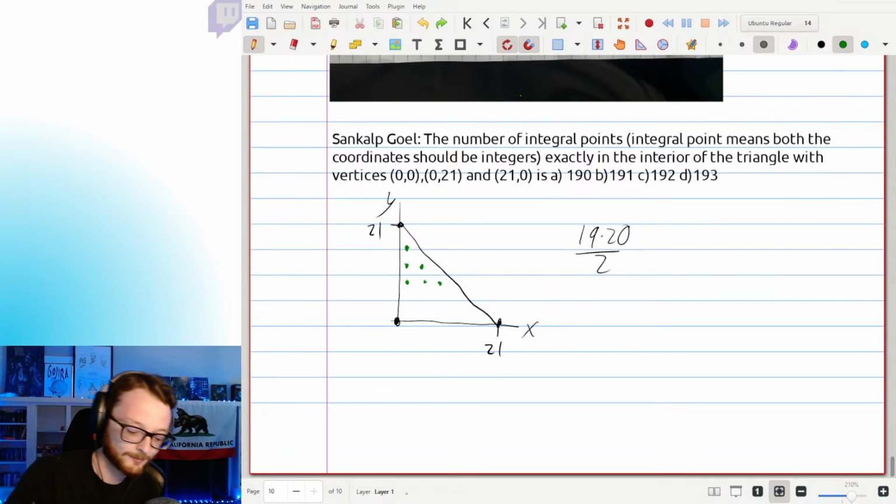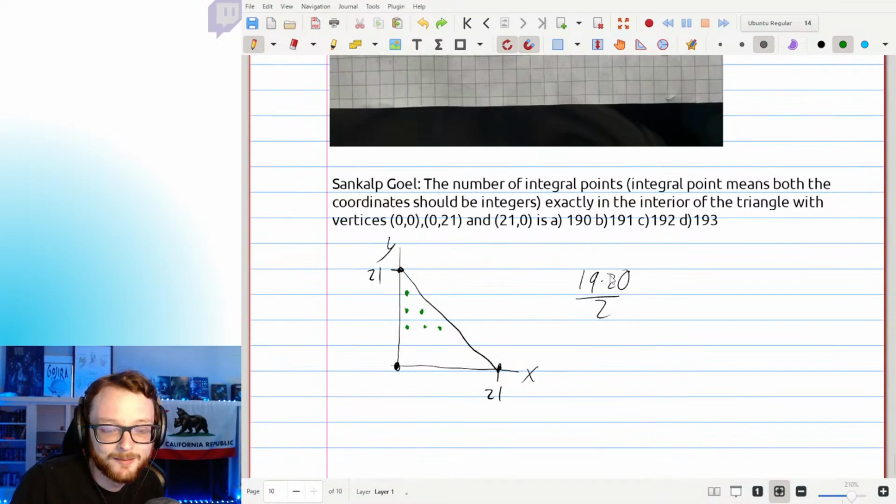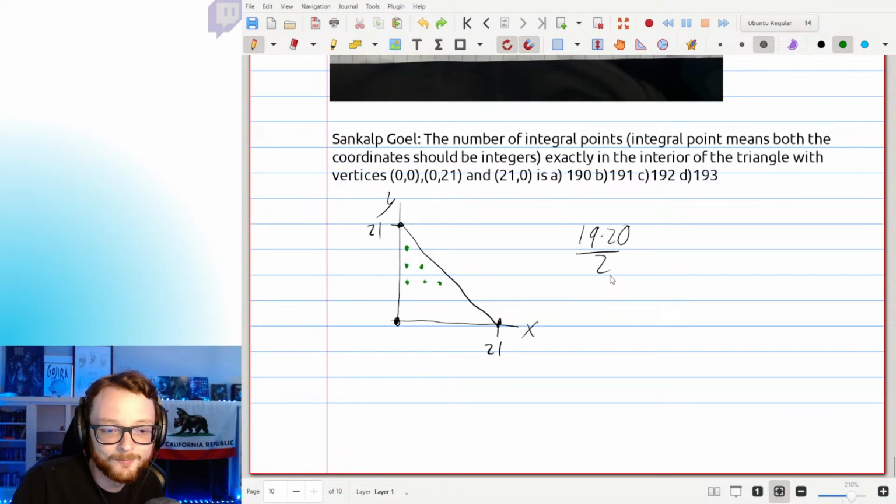I don't know. Oh my gosh, excuse me. I think I'm getting tired, to be honest. I don't see why it's just the number of green dots inside the triangle, though.